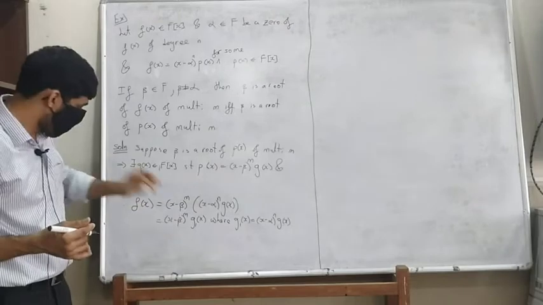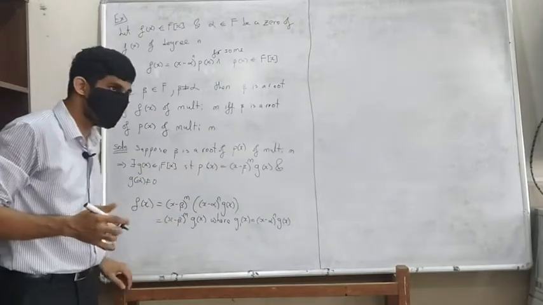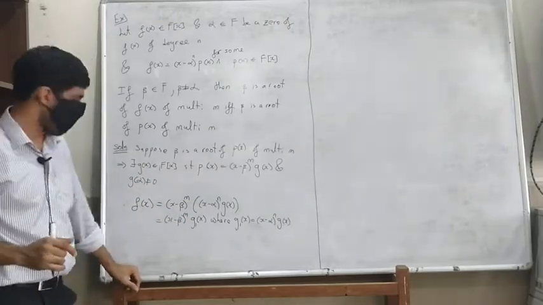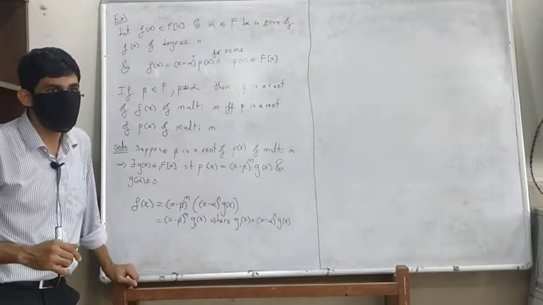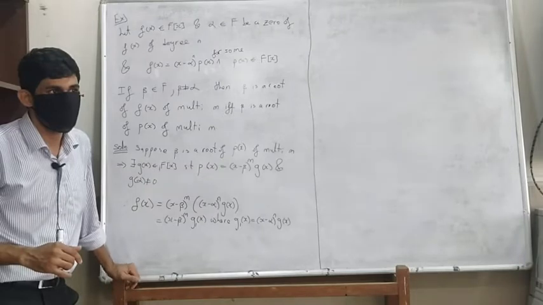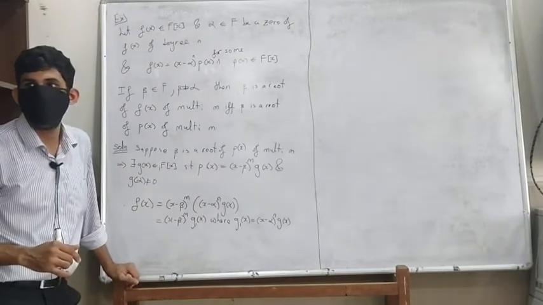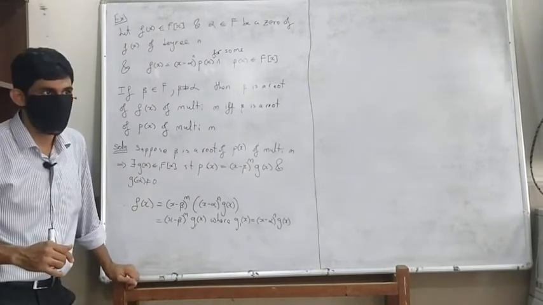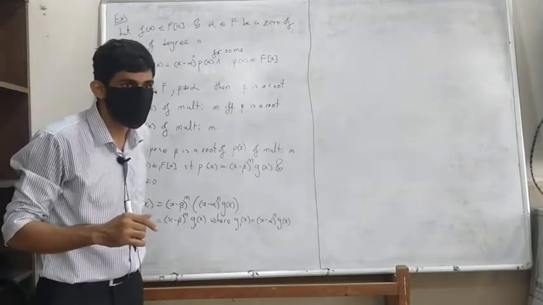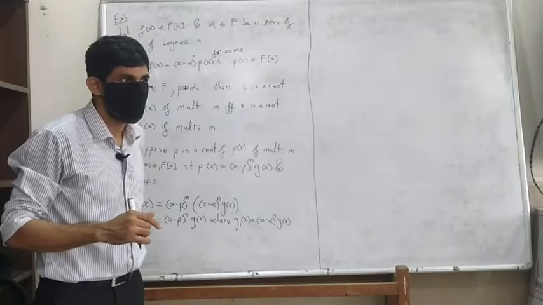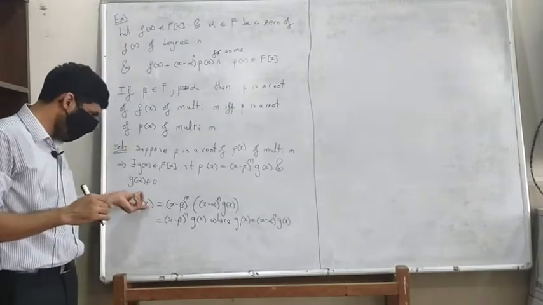What is left to do to prove that beta is a root of multiplicity m of f of x? What do I need to show? I have written f of x.